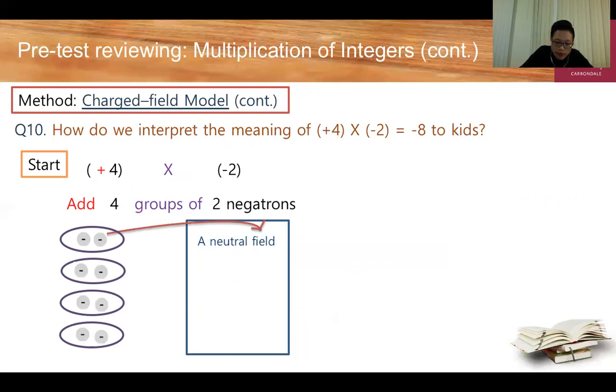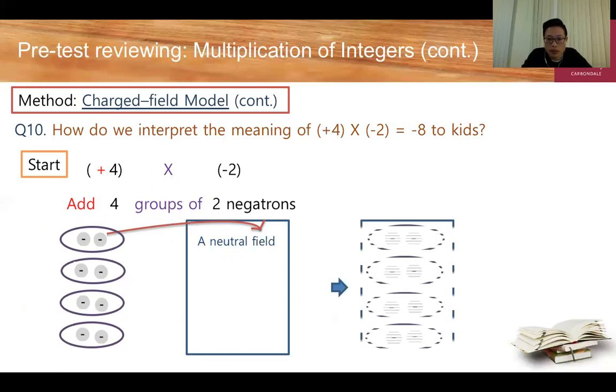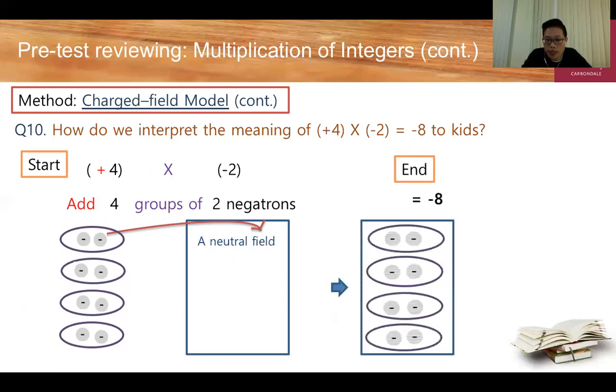So I add 4 groups of 2 neutrons into the field. So right now we have a total of 8 neutrons in the field. So the answer will be -8. Okay.